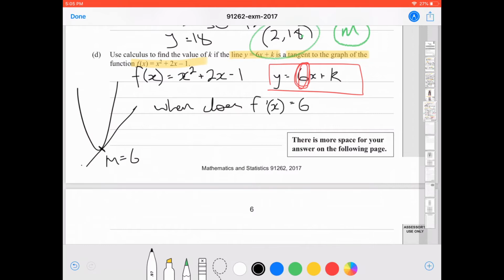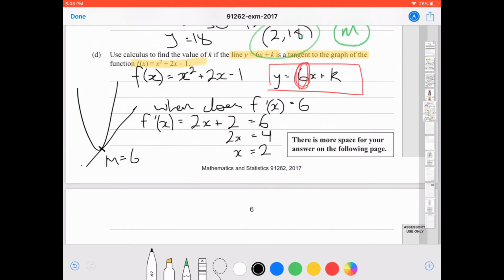That is the crux of this question, right? So we're going to say f dash of x equals 2x plus 2, and we're going to set that equal to 6. So 2x equals 4, and therefore x equals 2.